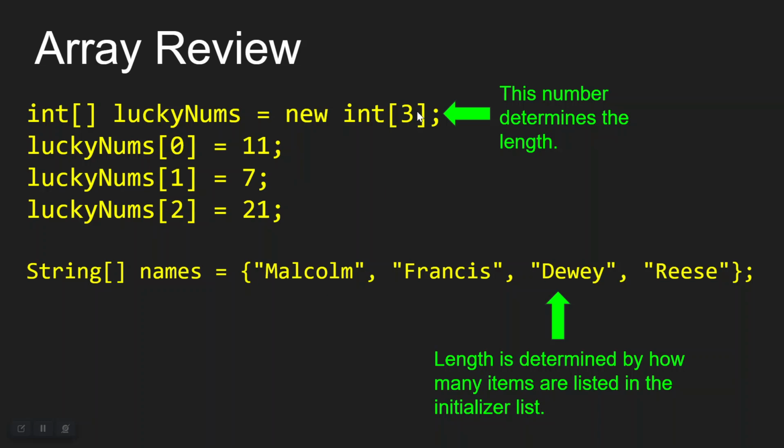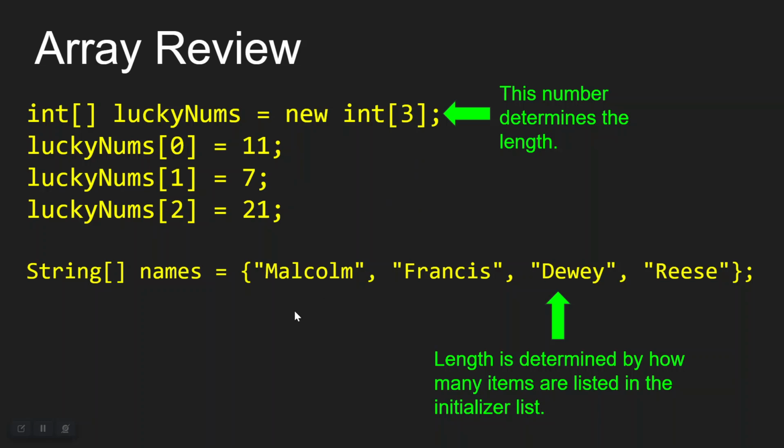So rather than doing it like this and then putting them in separately, you can just throw all of the information that you want into an array by using these curly braces here and here, and then the semicolon on the end. But what's important with arrays is they do have a determined length, and this length cannot be changed.